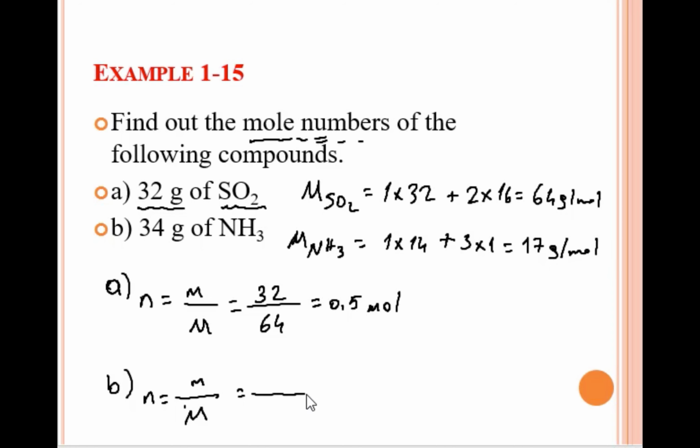And from here, we know the mass is given here, and the molar mass is 17. From here we can get the mole number of the ammonia, and it is equal to 2.